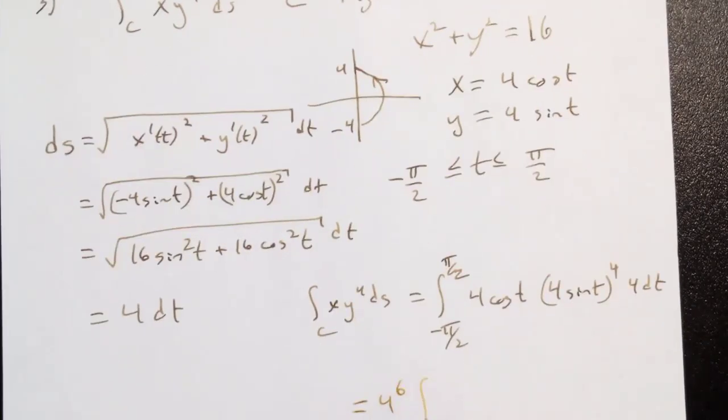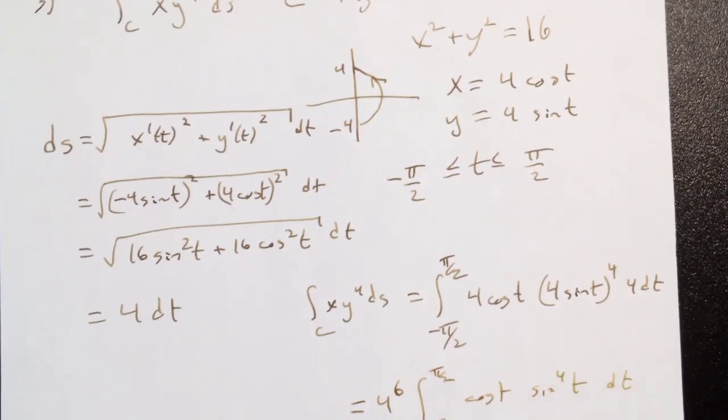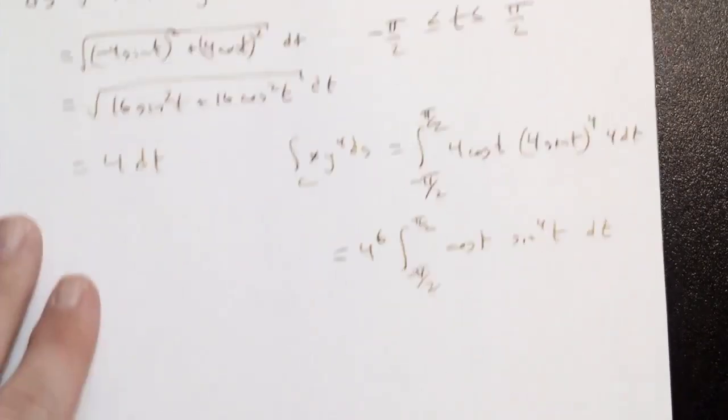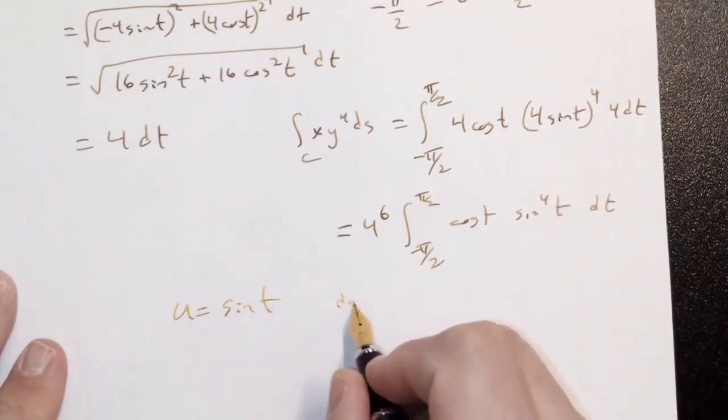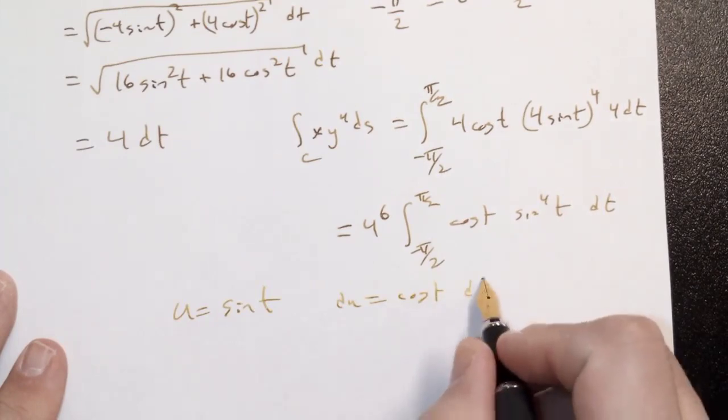4 to the 6th, integral from minus pi over 2 to pi over 2 of cosine t sine to the 4th t dt, right? So if I let u be sine of t, then du is cosine t dt.